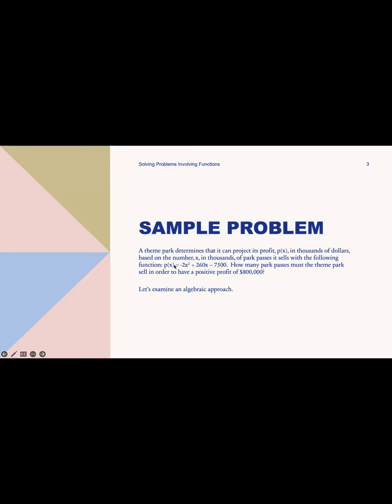The profit, being the dependent variable, depends on the number of park passes that are sold. And this function is going to describe the profit when you sell a certain number of tickets.